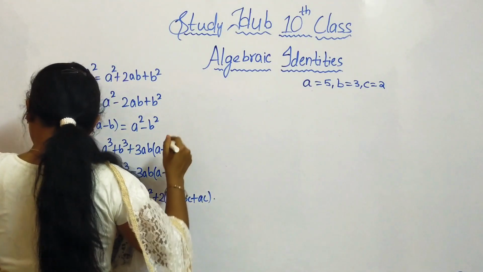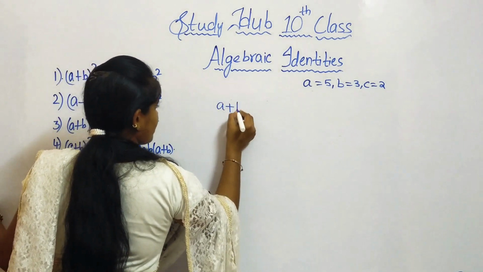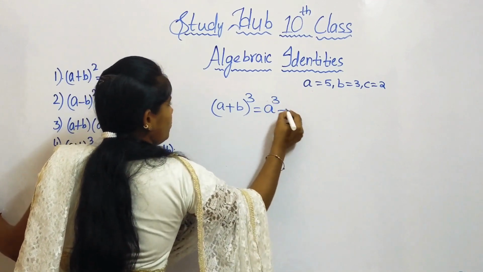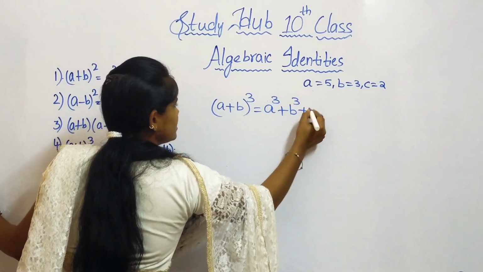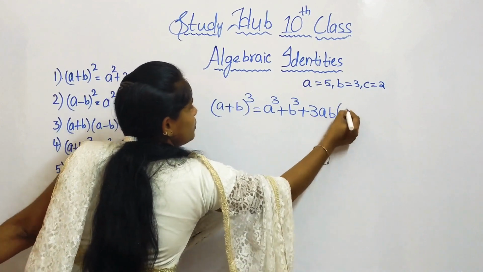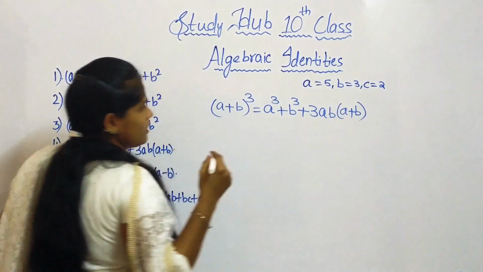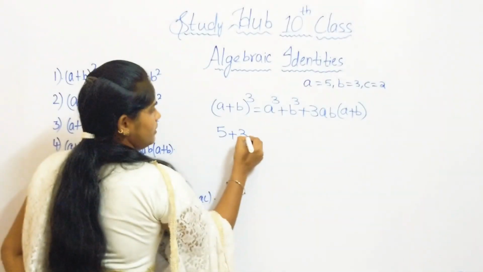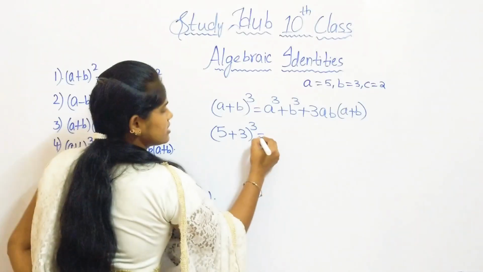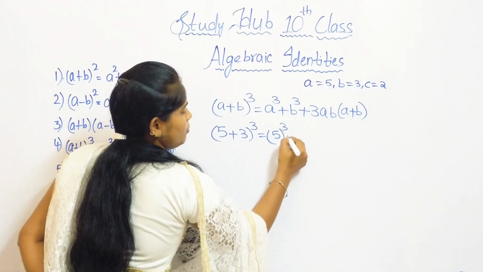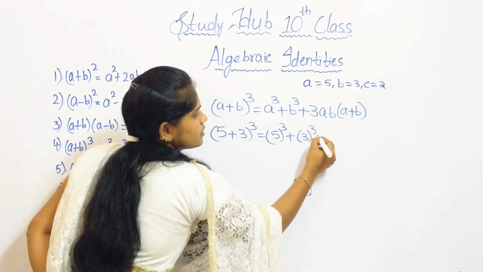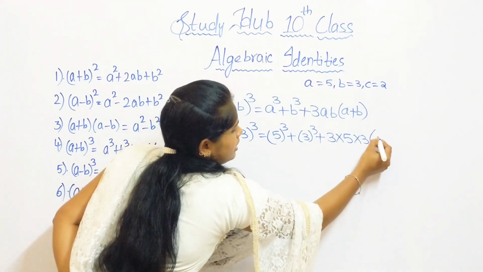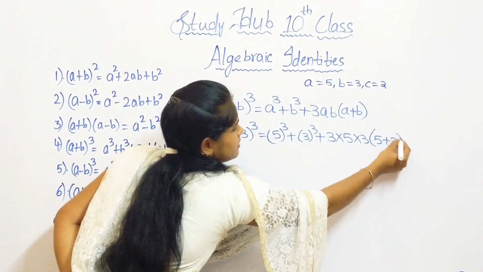A plus B whole cube. A plus B whole cube is equals to A cube plus B cube plus 3AB into A plus B. Substitute the values of A and B. 5 plus 3 whole cube is equals to 5 cube plus 3 cube plus 3 into 5 into 3 into 5 plus 3.